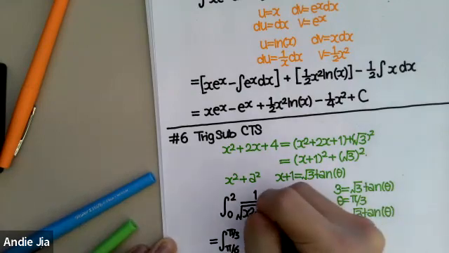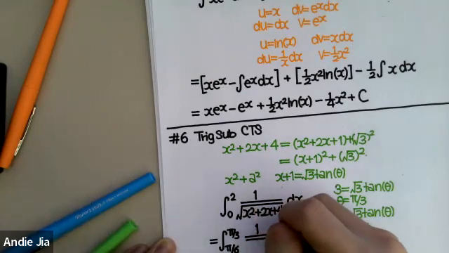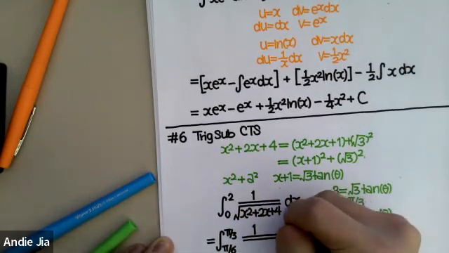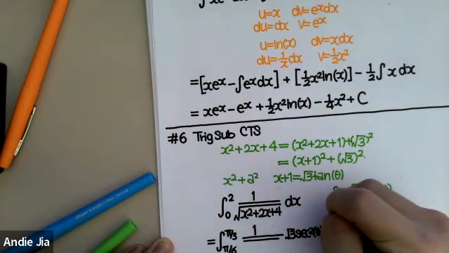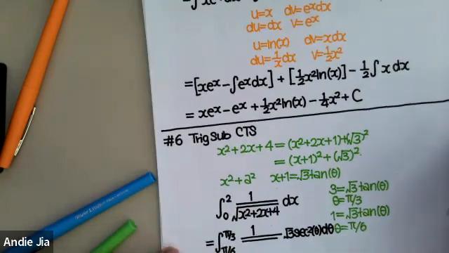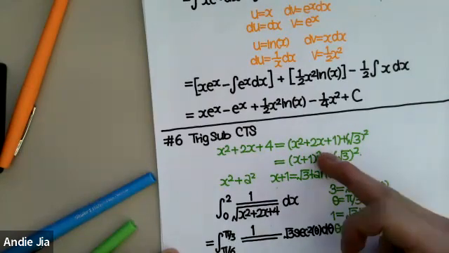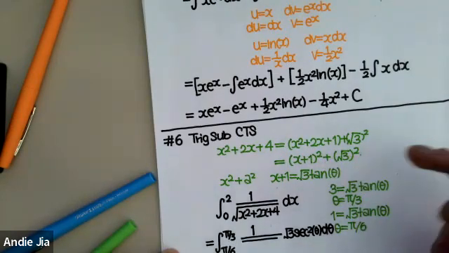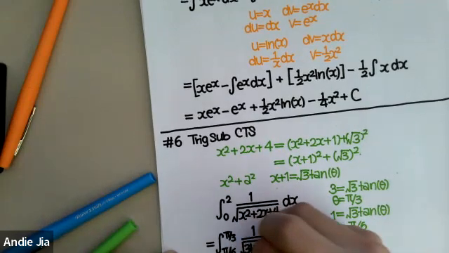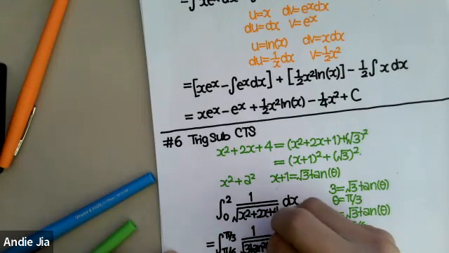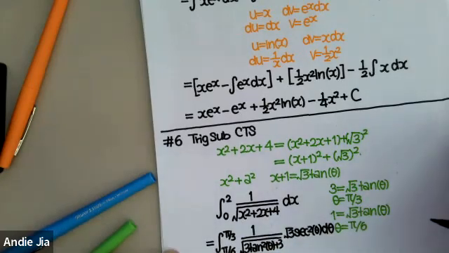For pi over 6, we have it's going to be 1. And then don't forget, the integrand is going to be square root 3 secant of theta. The d theta here is going to be 3 tangent squared plus 3, so going to be 3 secant squared.